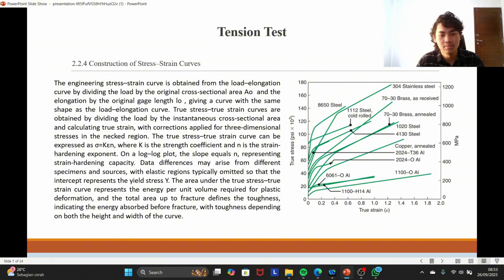Data differences may arise from different specimens and sources, with the elastic region typically omitted so that the intercept represents the yield stress Y. The area under the true stress-strain curve represents the energy per unit volume required for plastic deformation, and the total area up to fracture defines the toughness, indicating the energy absorbed before fracture, with toughness depending on both the height and width of the curve.